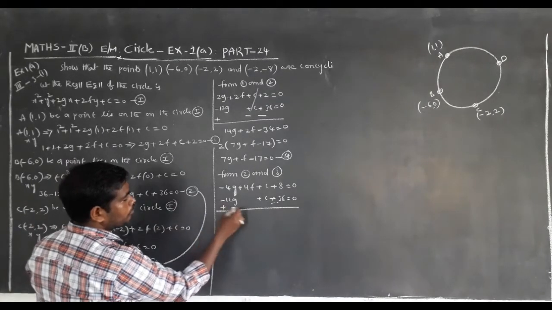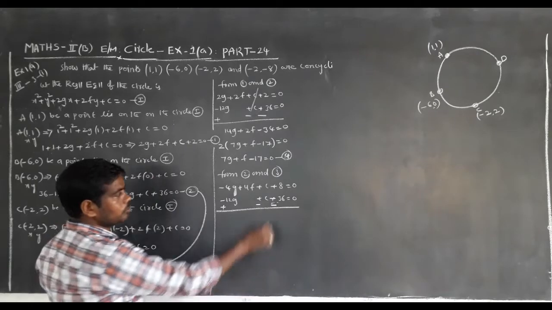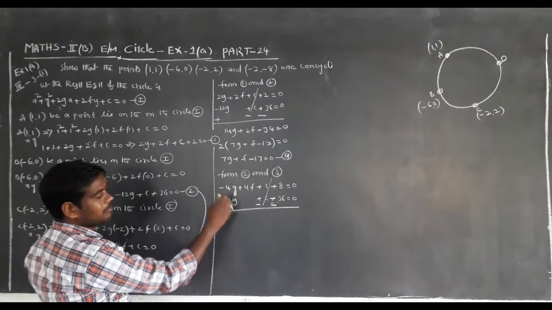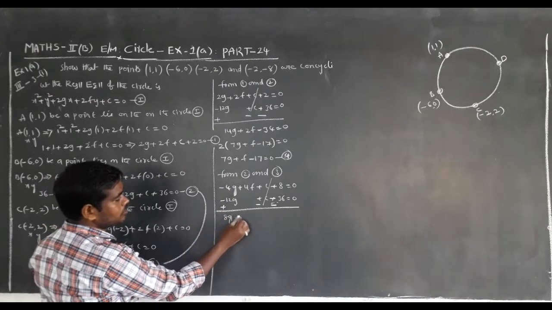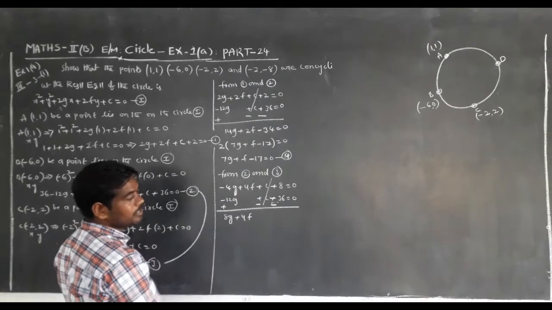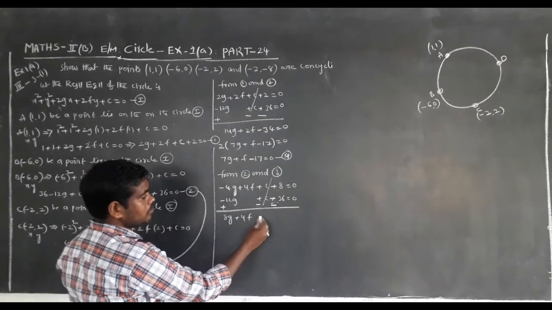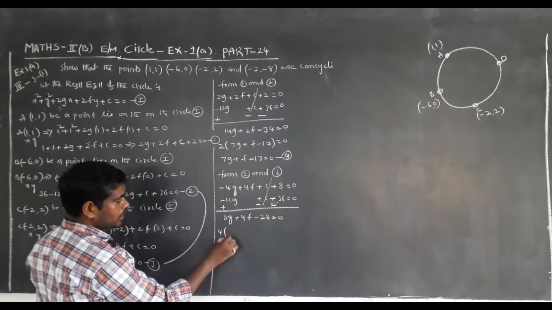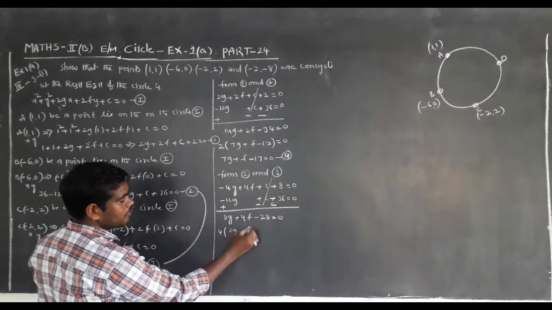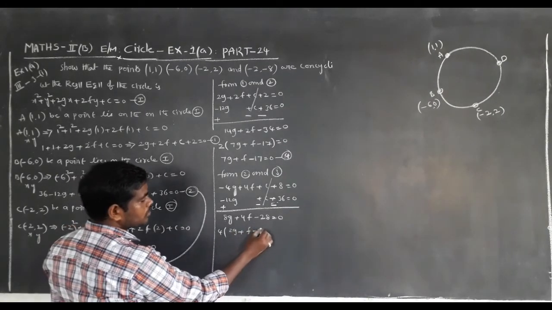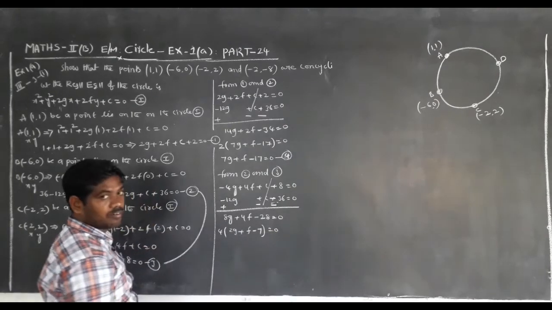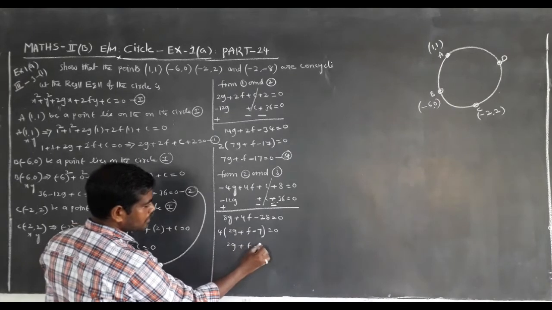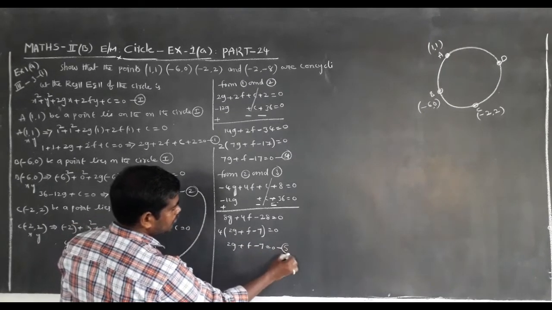Subtracting: negative, positive, positive, negative; plus c minus c get cancelled. Plus 12g minus 4g is 8g, plus 4f, minus 36 plus 8 is minus 28, is equal to 0. 4 common: 4 2s are 8, 4 1s are 4, 4 7s are 28, is equal to 0. 0 by 4 is 0. 2g plus f minus 7 is equal to 0.